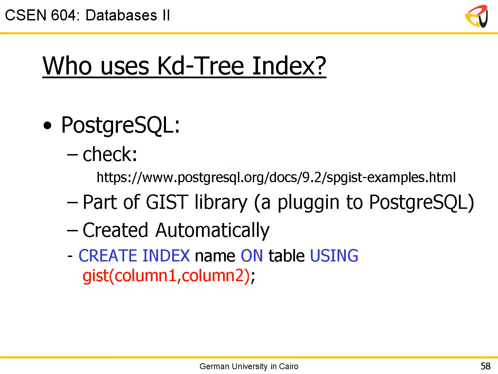And the KD tree is created automatically. You don't explicitly create it. All you do is say create index on this table using, and you specify the columns that you're going to use to create the KD tree, and you just call the GiST function, which is highlighted in red here.